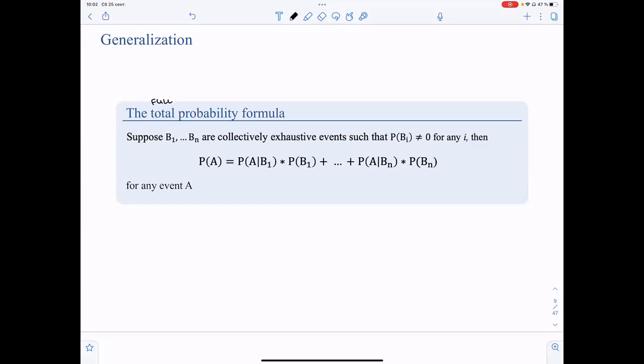What it says is that if you know the conditional probability of event A, given that your conditions happen, plus you know the marginal probabilities of each of these conditions, then you may evaluate the probability of your event A.